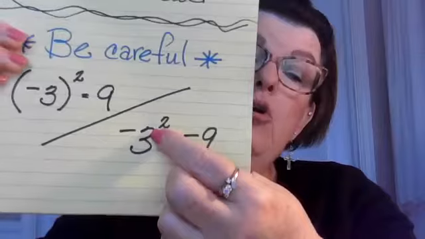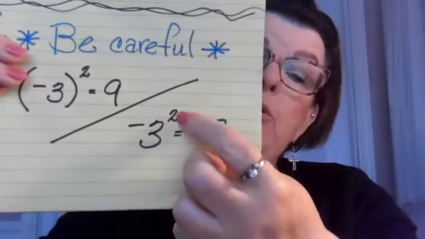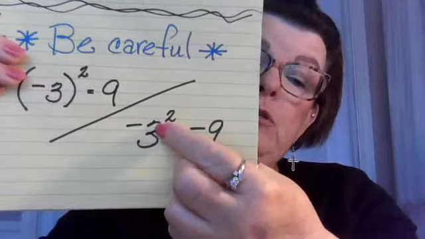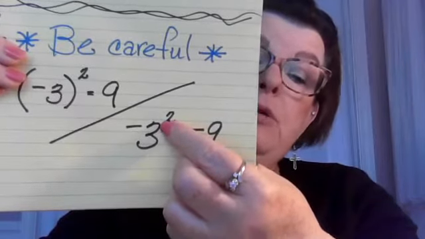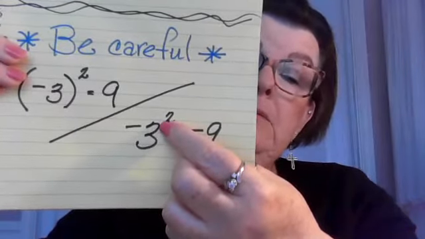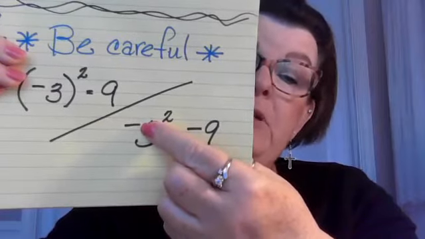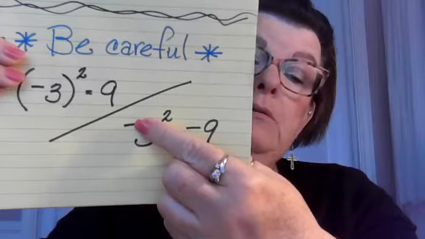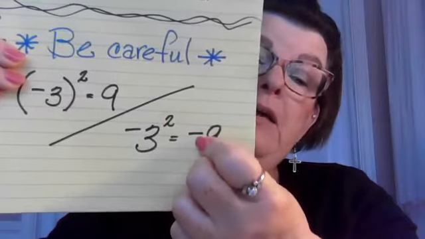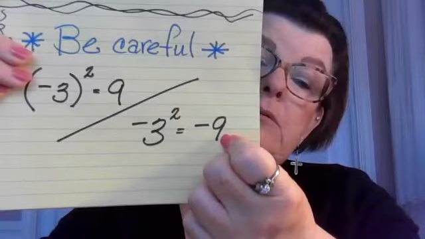And in our order of operations, we do exponents first, and the exponent's only touching the 3, so 3 times 3, we get 9. And then we're multiplying, which comes after the exponents, by the negative or -1. And that's why the negative is put on the 9 after.